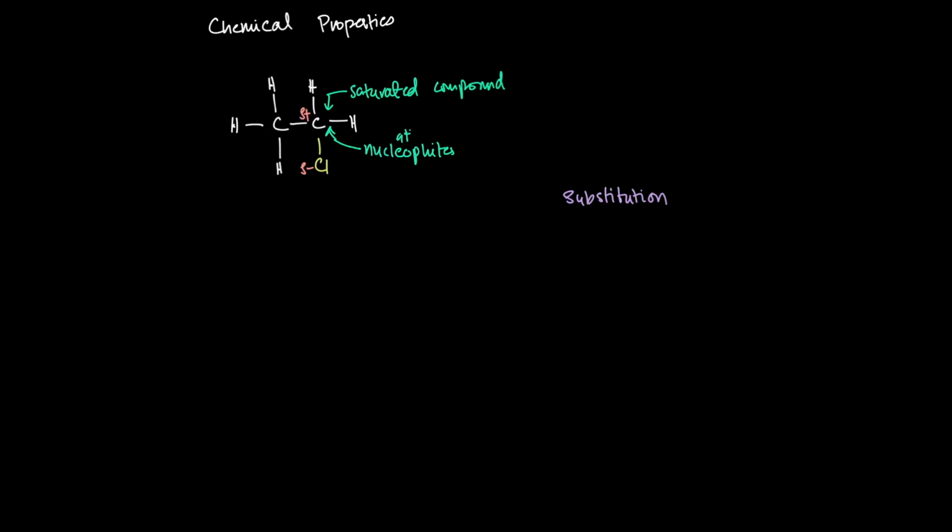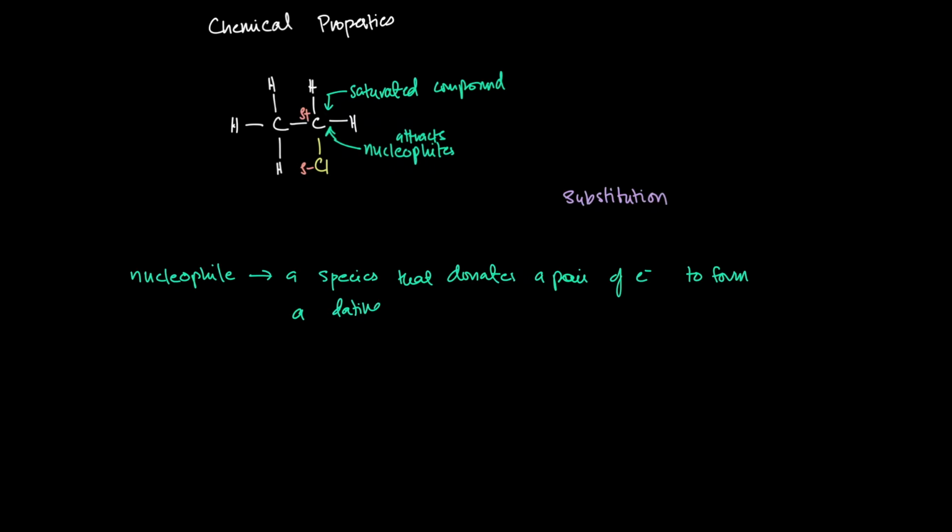So it attracts nucleophiles. What exactly are nucleophiles? Over here what we have is a nucleophile. A nucleophile is a species that donates a pair of electrons to form a dative bond with another species.